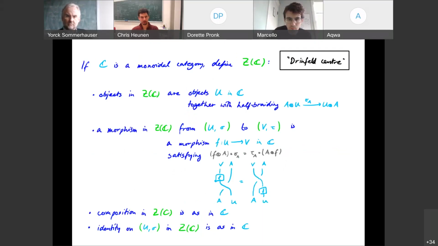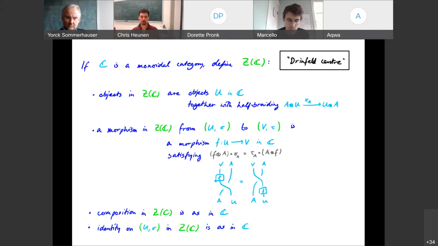So what this means is, if you start with a monoidal category C, I can define a new category that we'll call Z of C, the center of C, the Drinfeld center of C, where objects in the new category are an object in the old category together with a half braiding in the old category.